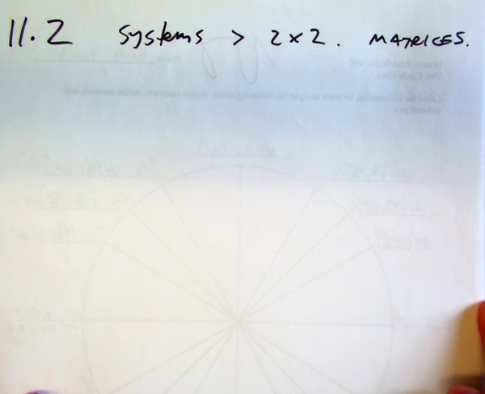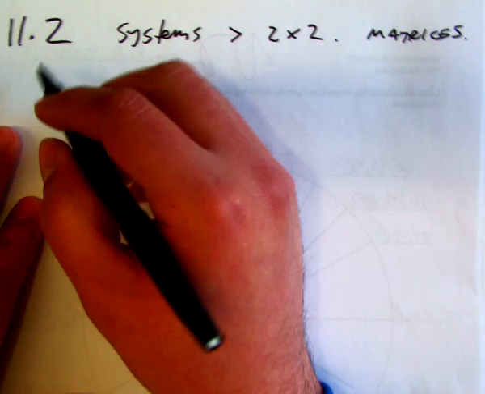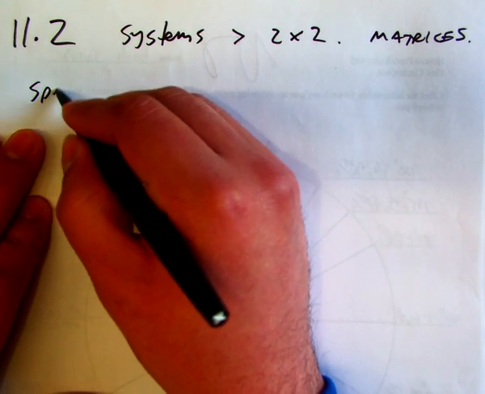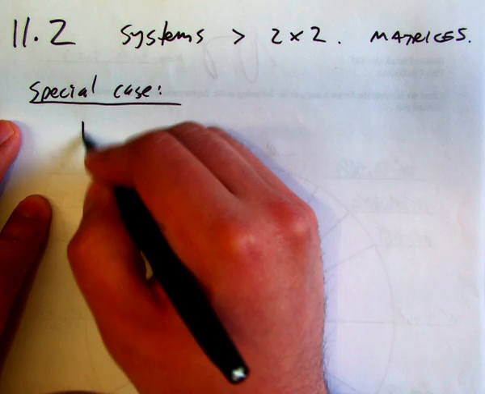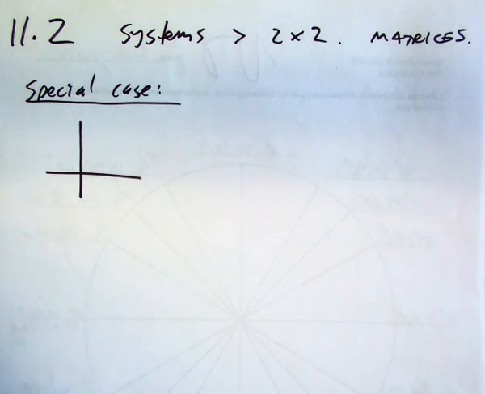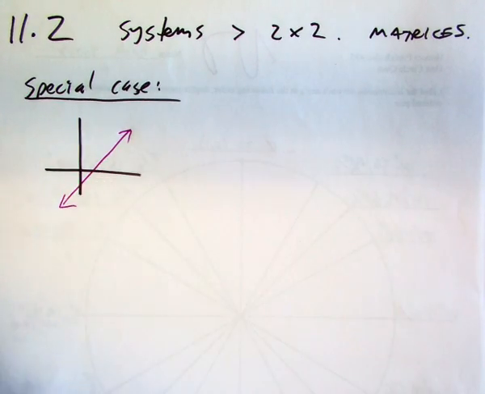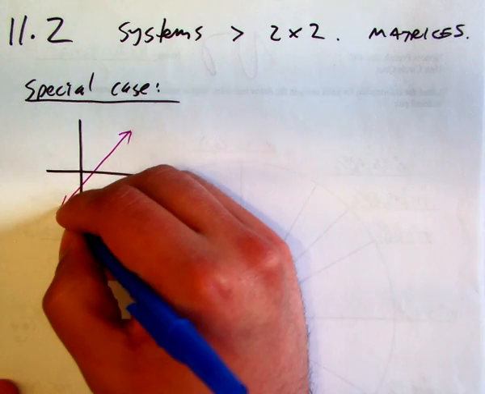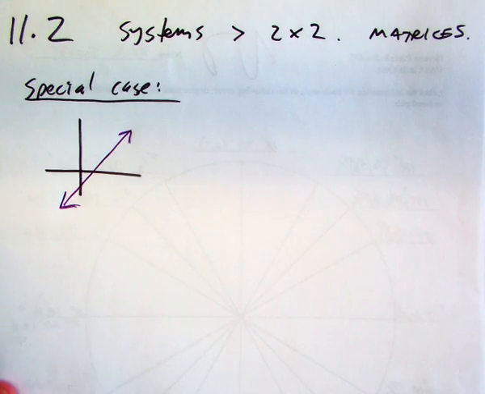So first, we will review the special case from before, where you have a system where the 2 lines that are given to you are actually the same line.